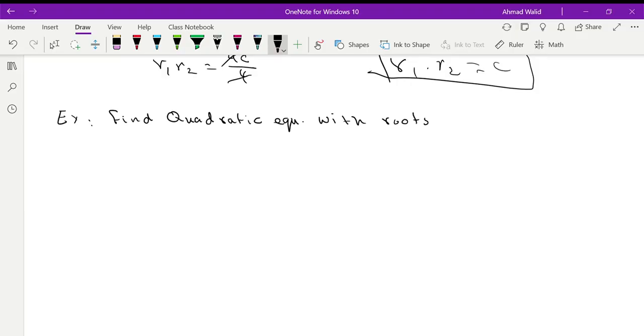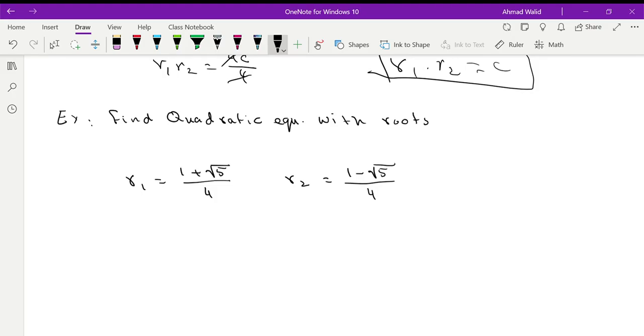What are the roots? They will give you definitely the two roots. R1 is equal to 1 plus square root of 5 over 4, and R2 equals 1 minus square root of 5 over 4.